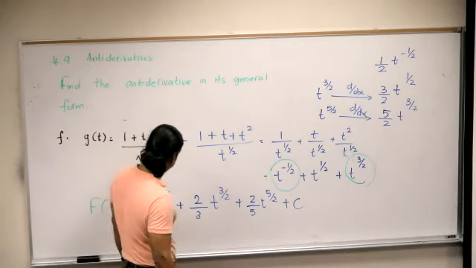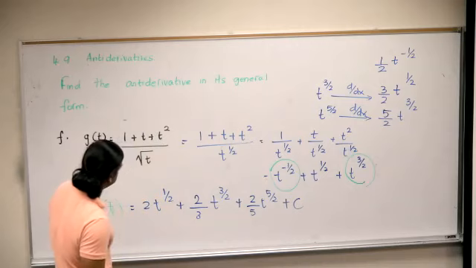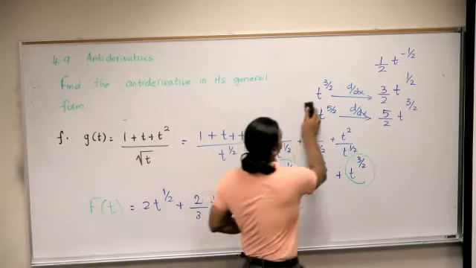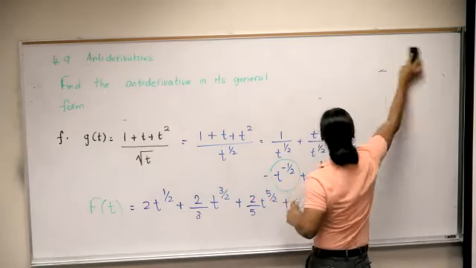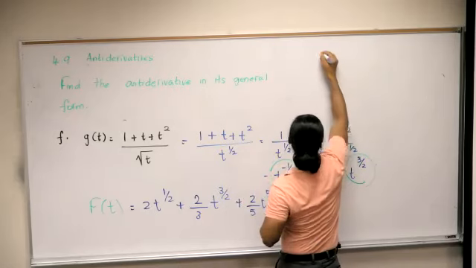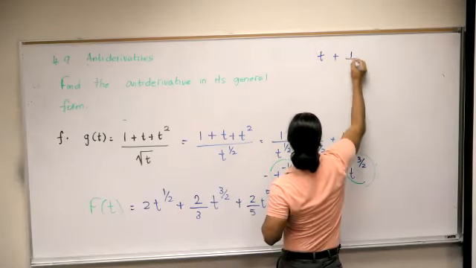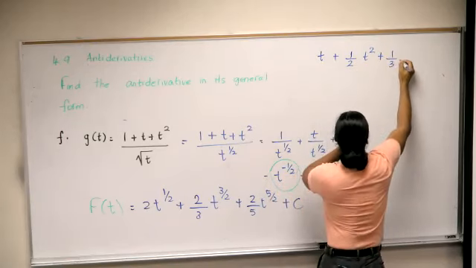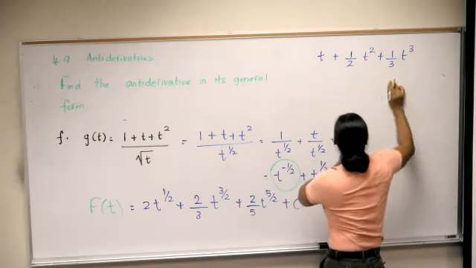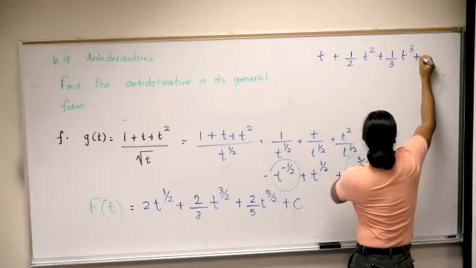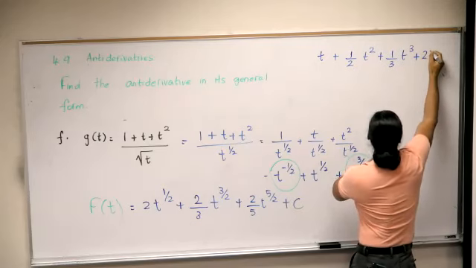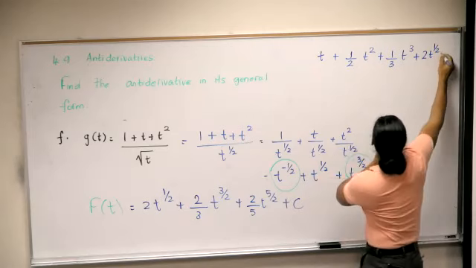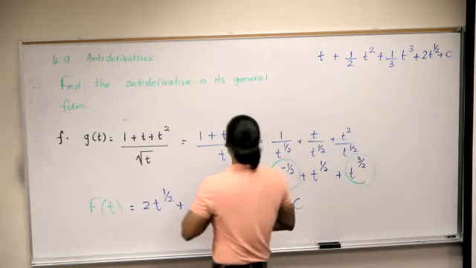Because I got c plus 1/2 times c squared plus 1/3 times k cubed plus 2t raised to 1/2 plus... Okay.